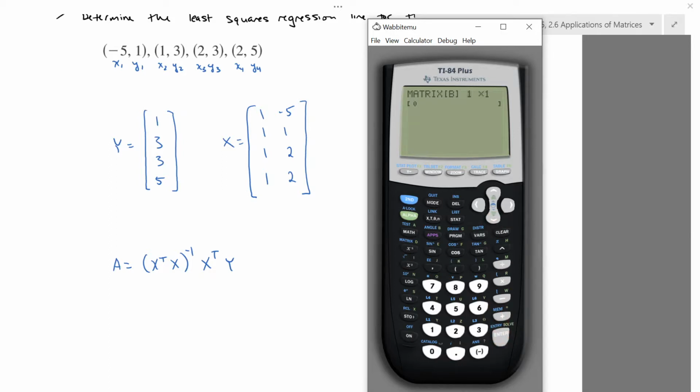And B will be my matrix X. That's 4 by 2. So 1, then -5, 1, 1, 1, 2, 1, 2.